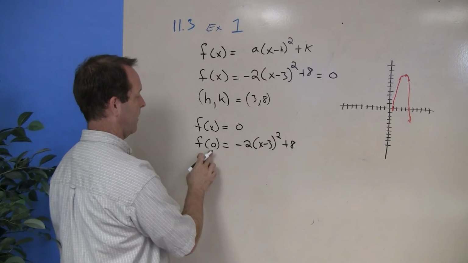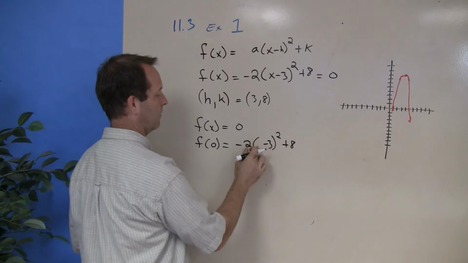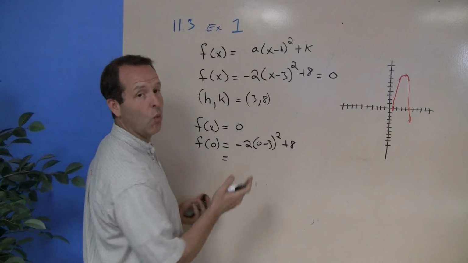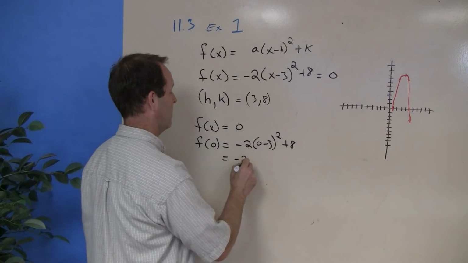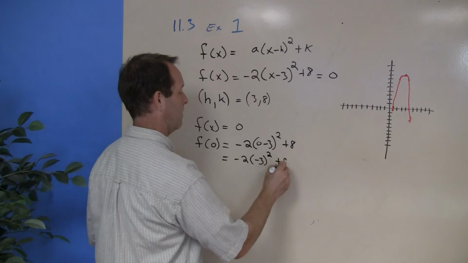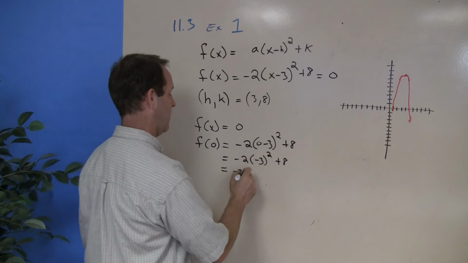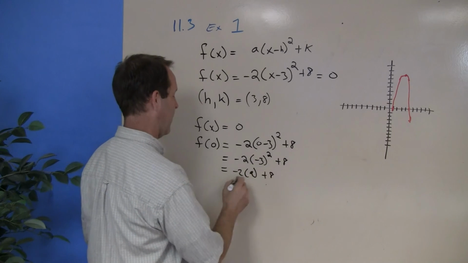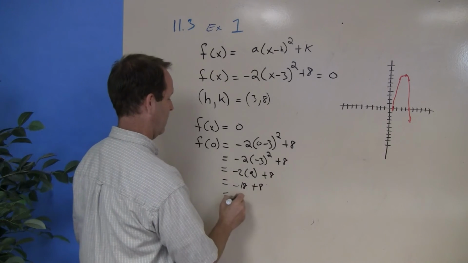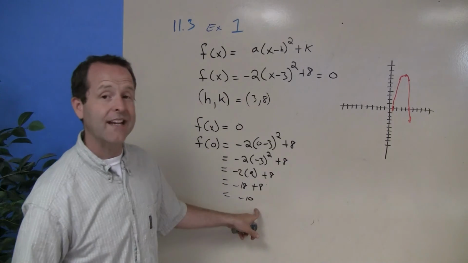F of 0 is saying, everywhere that I see an x, I insert a 0. So let's evaluate that out one step at a time. -2 times (0 minus 3) squared plus 8. -3 squared is 9, so -2 times 9 is -18, plus 8, and I get -10. So f of 0 is -10.